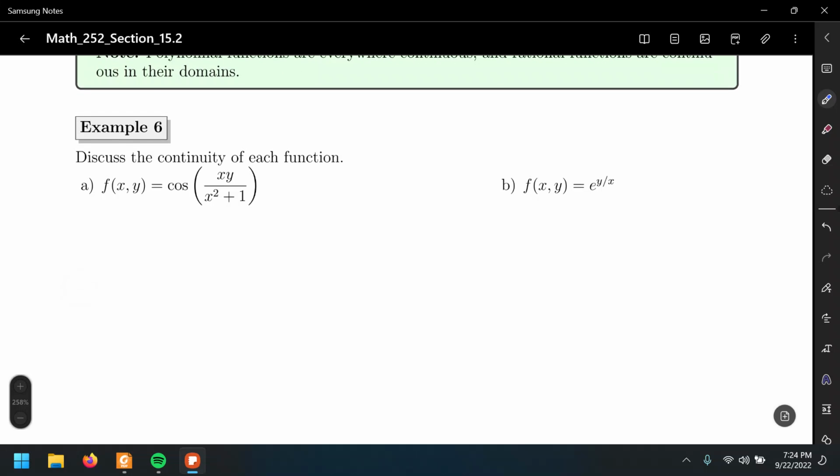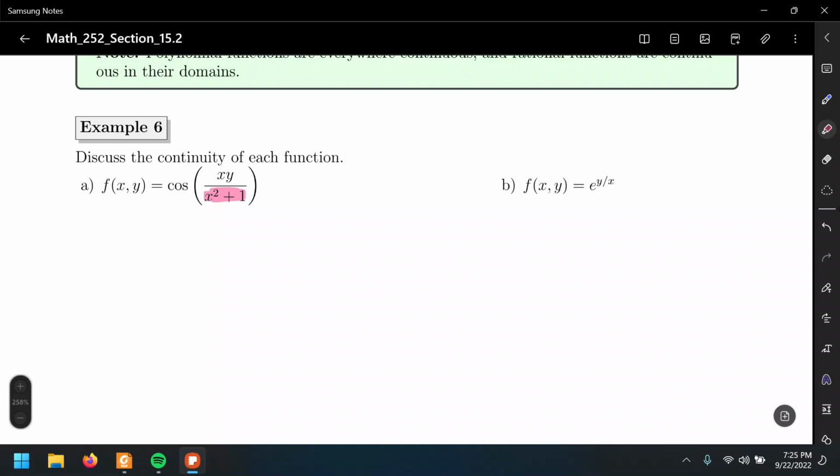We don't have any issues with the cosine function itself. It doesn't have any holes, asymptotes, or jump discontinuities. However, we have to look at the quantity inside the parentheses of the cosine function. What do we have? A rational function. So we want to make sure that the denominator is not 0.